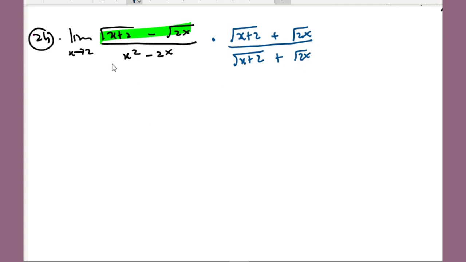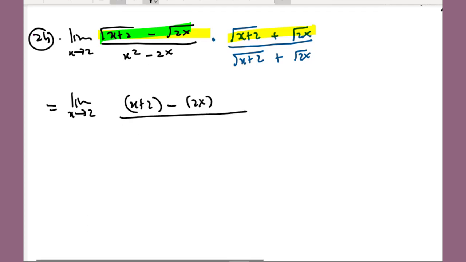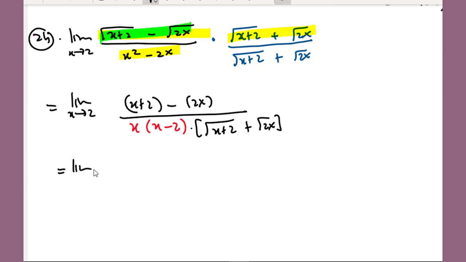Okay, let's say if you factorize this one, you need to times conjugate, and then it's equal to limit as x approaches 2. Okay, this conjugate expand. Get x plus 2 minus 2x over. Okay, we try to factorize this. x minus 2, and the conjugate is root of x plus 2 plus root of 2x conjugate. And try to simplify.